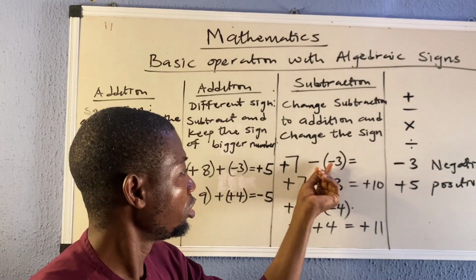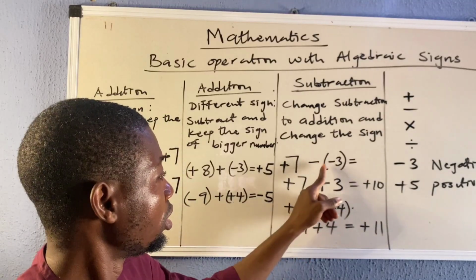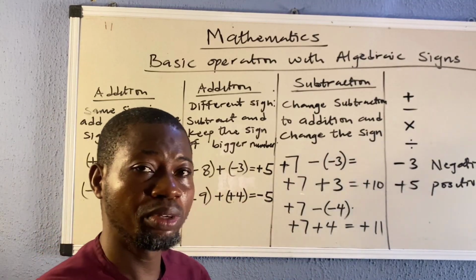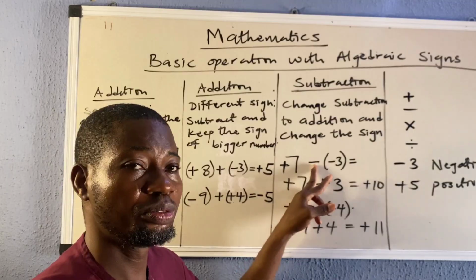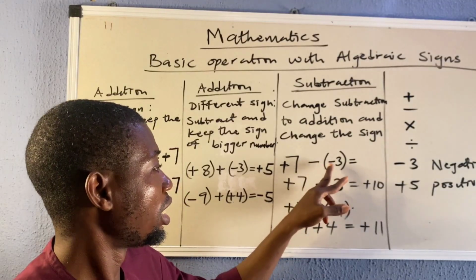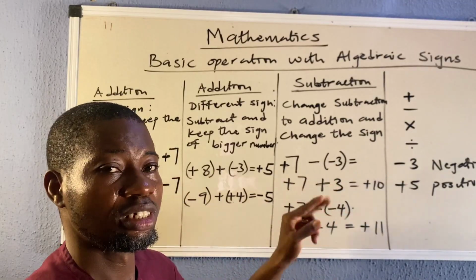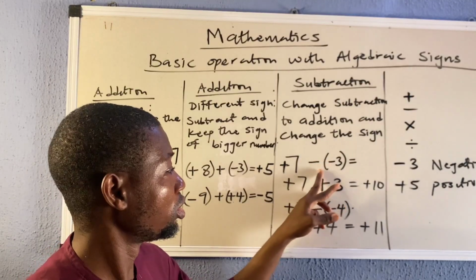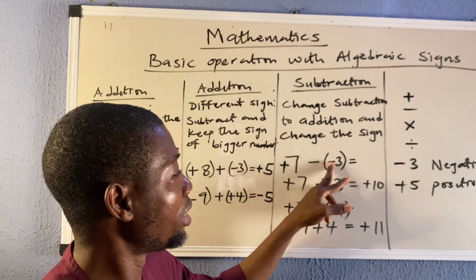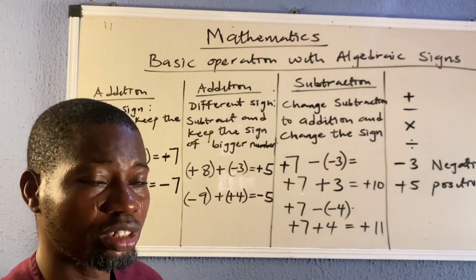Now, I told you there's a reason why this one is changing to plus. A bracket in mathematics simply means multiplication. So when you have a negative sign outside and another negative algebraic sign inside, because this bracket means multiplication, you multiply negative by negative. Negative by negative will give us positive.